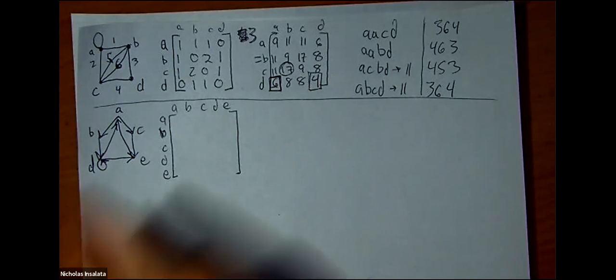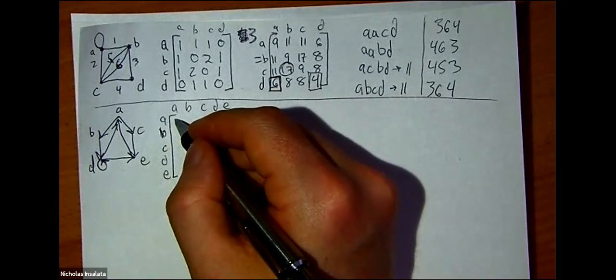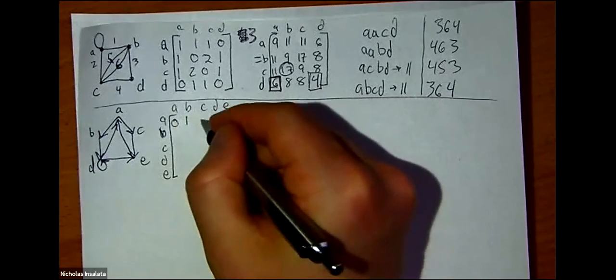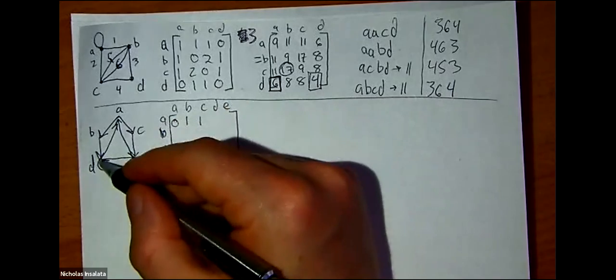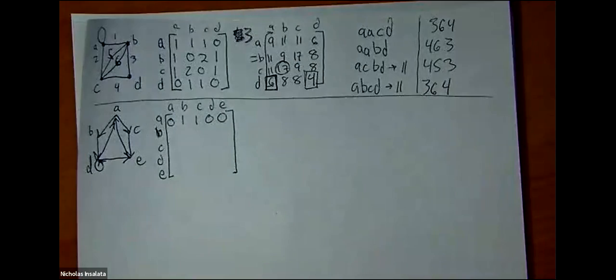Okay. So does A connect to A? No. A to B? Yes. A to C? Yes. A to D? No, it's going the other direction. It's going D to A, right? So this one's a 0. This one's a 0.